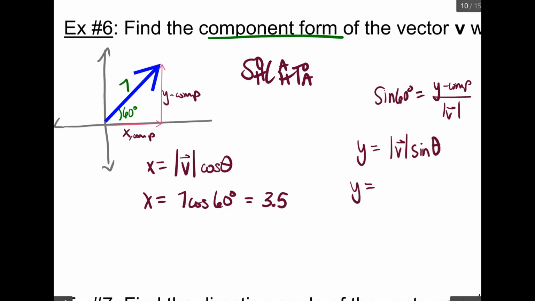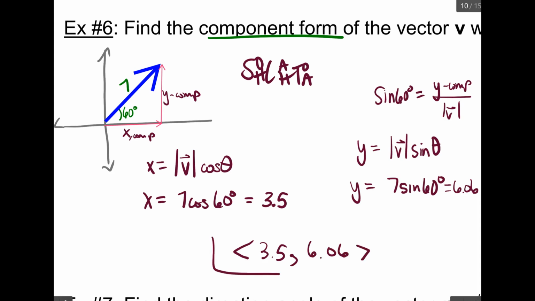So y is equal to 7 times sine of 60 degrees, which is 6.06. If I wanted to write this in component form, I would write ⟨3.5, 6.06⟩, and that's it. That's the whole problem.